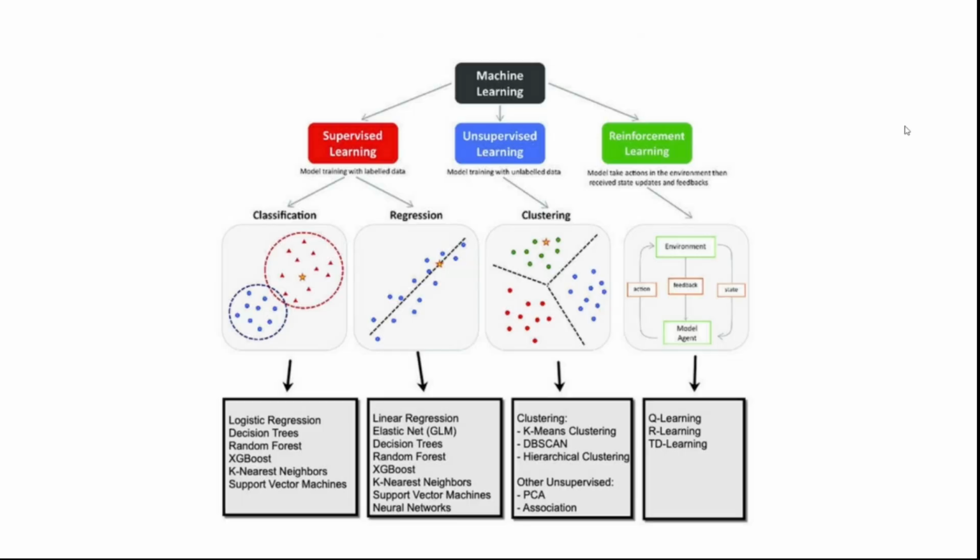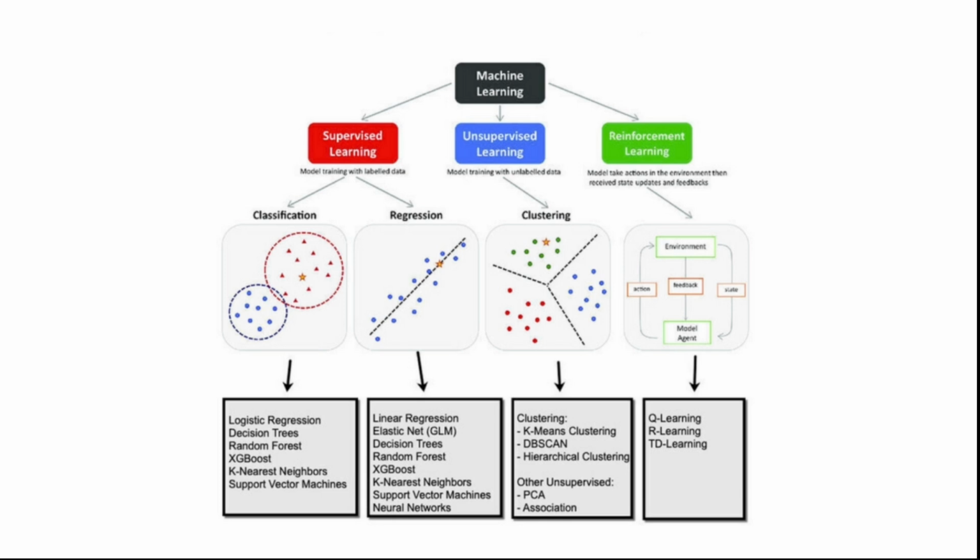So, to give you an overall overview, machine learning is split into supervised learning, unsupervised learning, and reinforcement learning. Supervised learning is further split into classification and regression based tasks, which have their own different types of models.